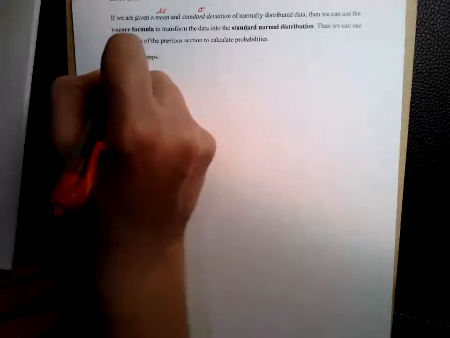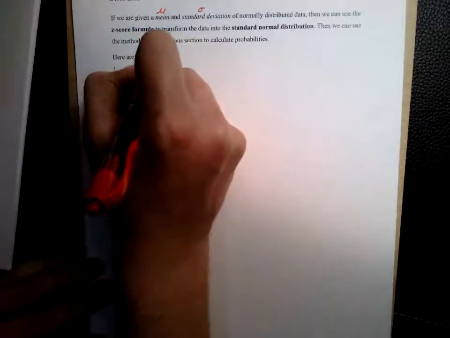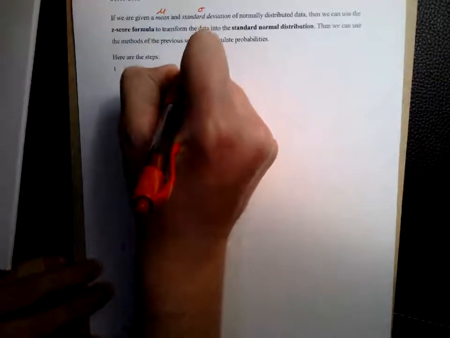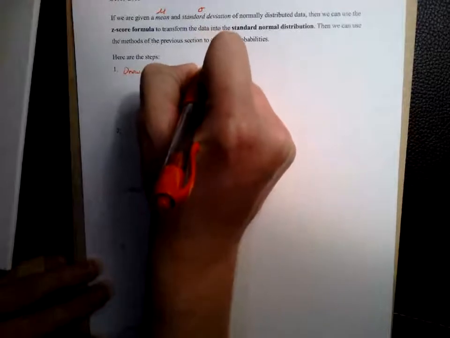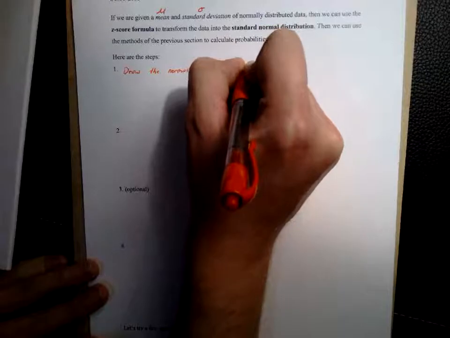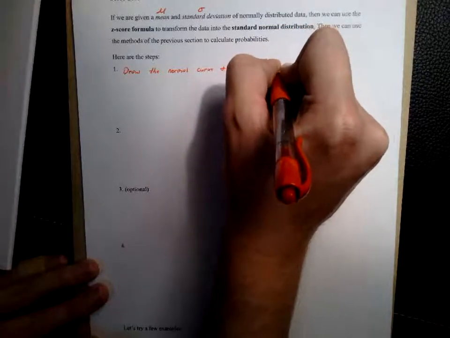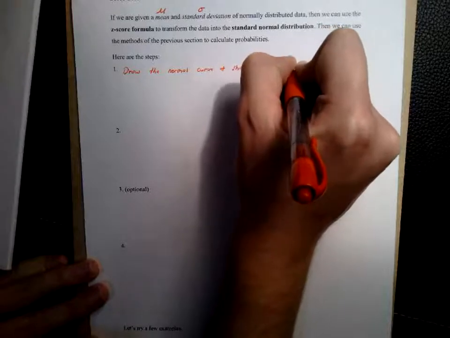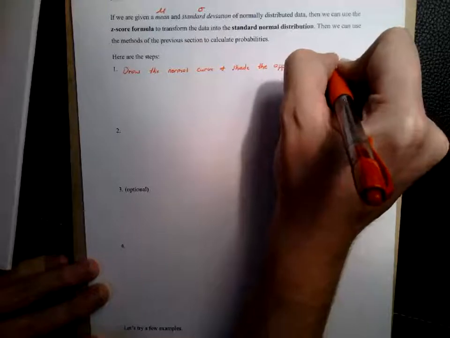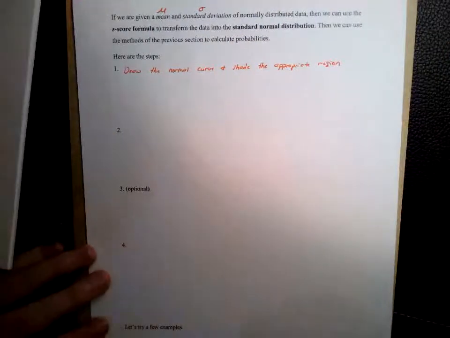So step 1, draw the normal curve and shade the appropriate region. So it's the same step as we had before.